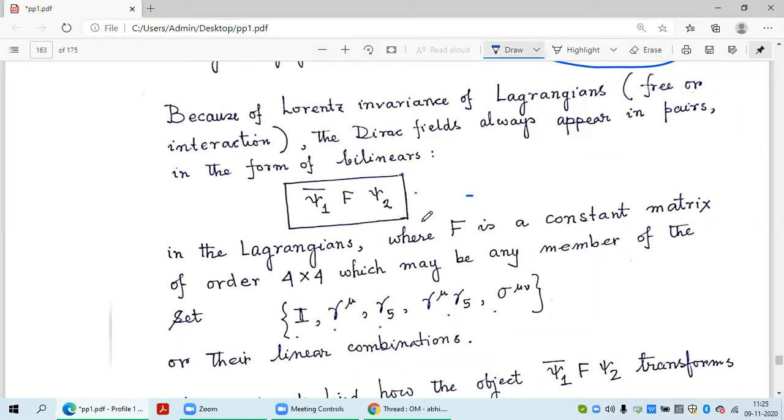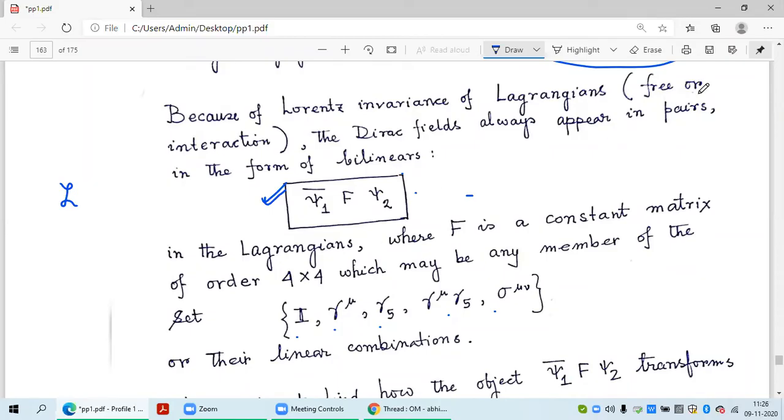We will soon study the features of interaction Lagrangians, in this class or maybe the next, and then we will realize this more. Now, it is important to investigate how this object transforms under charge conjugation, because ultimately we have to see how the total Lagrangian changes under charge conjugation, so that we can compare it with real physical processes whose charge conjugation invariance or non-invariance we can see directly from experiments.